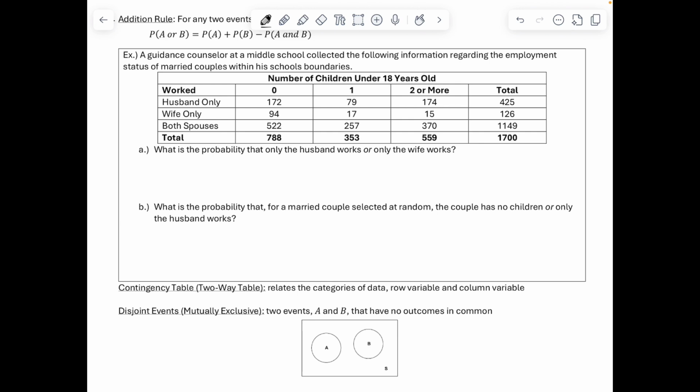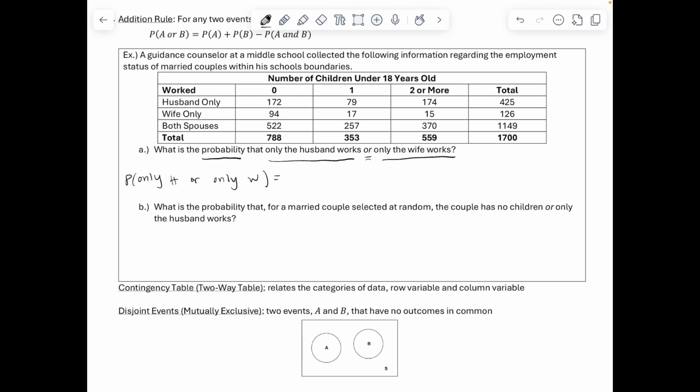So part A says, what is the probability that only the husband works or only the wife works? So only the husband works or only the wife works. So probability only H, I'm going to say for husband, or only W for wife working.